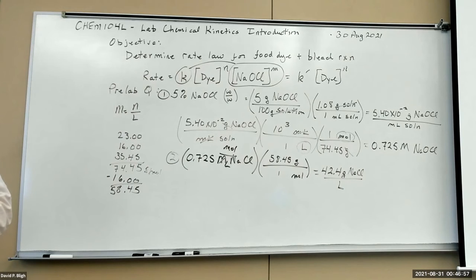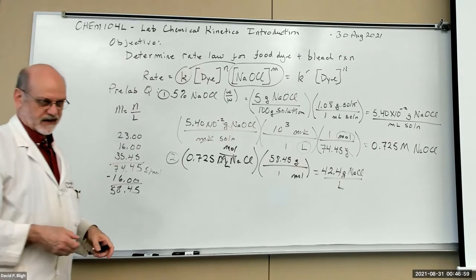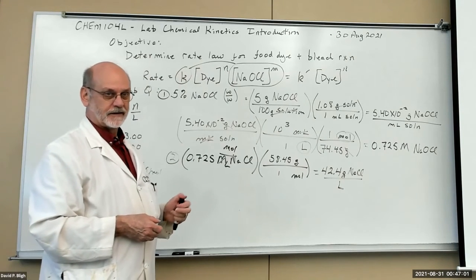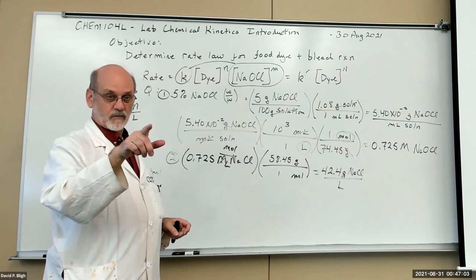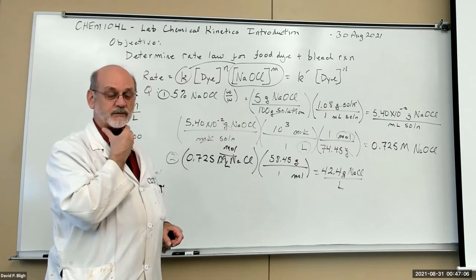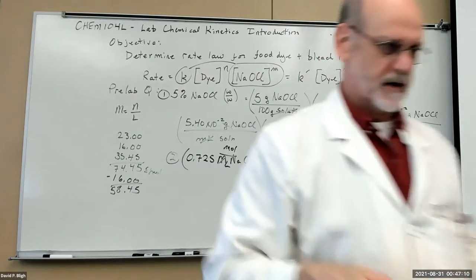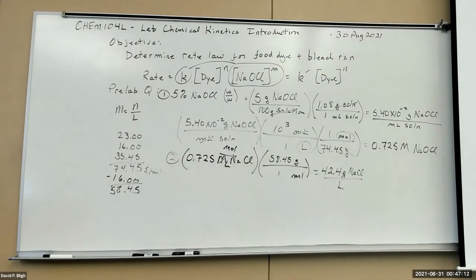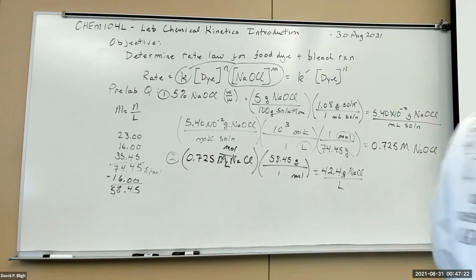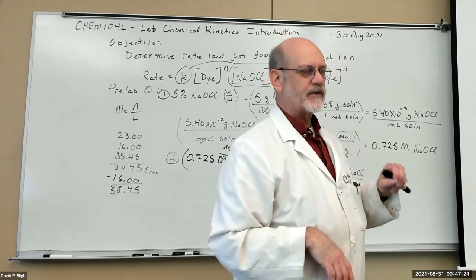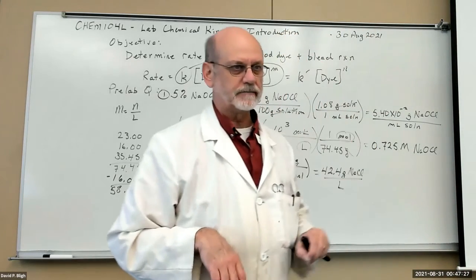Now, the one that we're going to use in the lab is 6%. And that's one of those handouts I gave you. Talks about the determination of molarity for 6% bleach. But when you do your decolorization procedure, you're going to count the number of drops of bleach that you put in there.